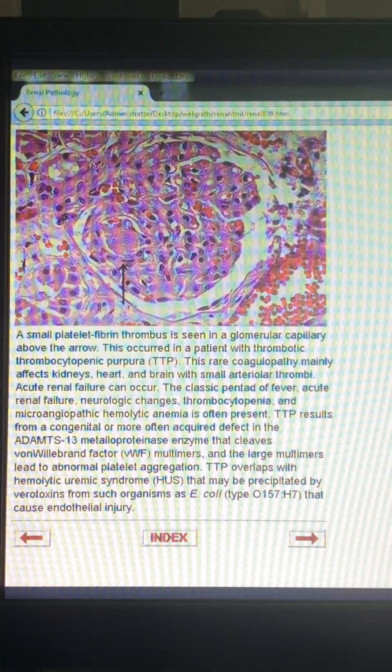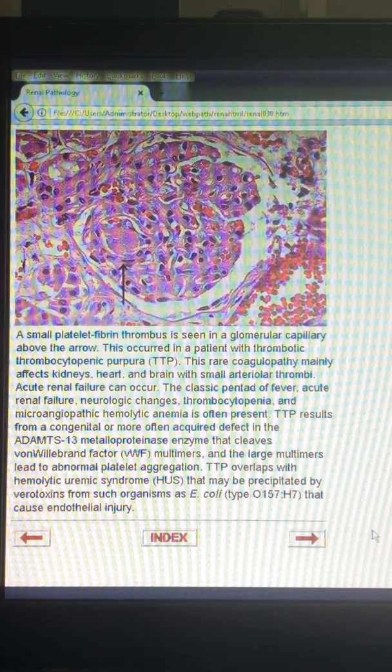But hemolytic uremic syndrome is precipitated by what? A Shiga toxin. That's most likely due to E. coli coming from uncooked beef or uncooked food. Both of these conditions will cause an endothelial injury that eventually will lead to thrombi accumulation inside the capillary wall.